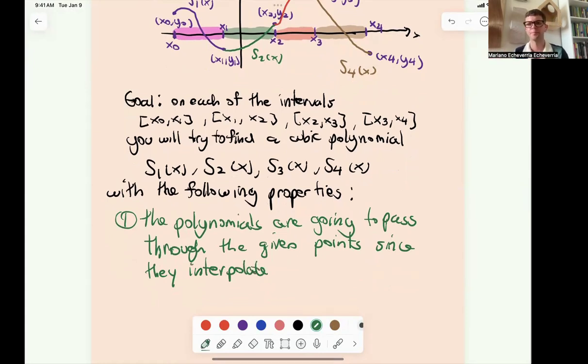Okay, so that's the first property, that they just pass through all these points that you wanted.